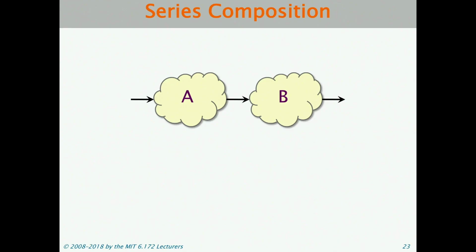So let's see how we can compose the work and the span quantities of different computations. Let's say I have two computations, A and B. And let's say that A has to execute before B. So everything in A has to be done before I start the computation in B. And let's say I know what the work of A and the work of B individually are. What would be the work of A union B?